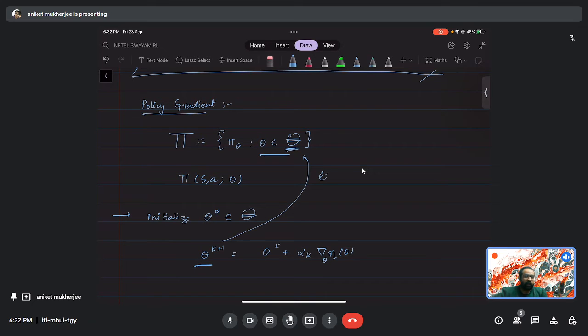So you could update to a new theta for which there is no valid policy. So what you need to do, it's just a theoretical thing, is project it over.